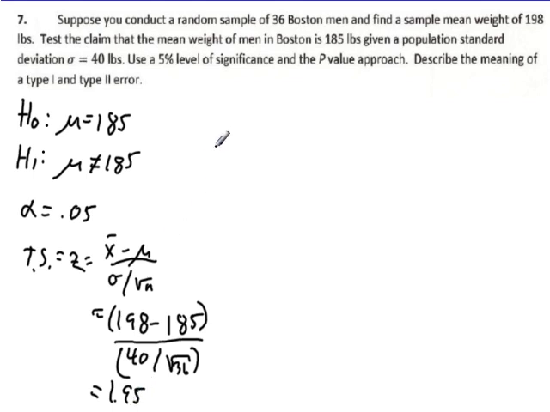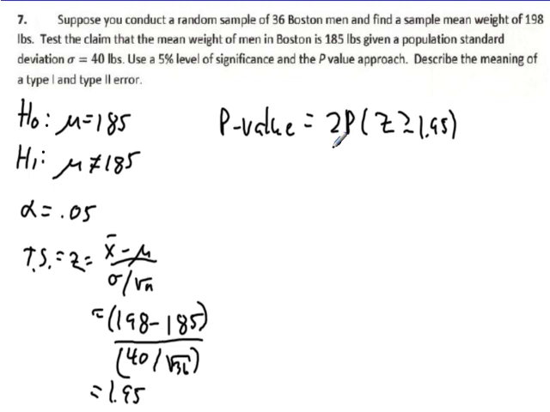Now, what we have to do is find the probability of getting a z value that's extreme. The p-value, since we have a two-tailed test, is going to be equal to not just the probability that z is greater than or equal to 1.95, but because it's a two-tailed test, it's twice that.